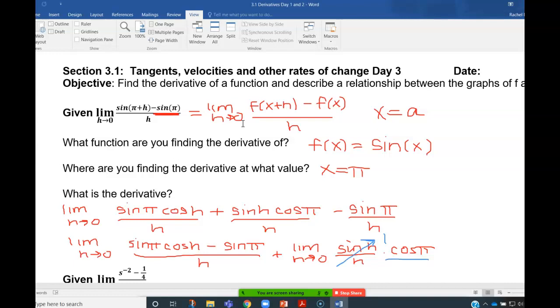Cosine pi is a constant. The limit as h approaches 0 of any constant is that constant. So this one is simply just cosine pi.